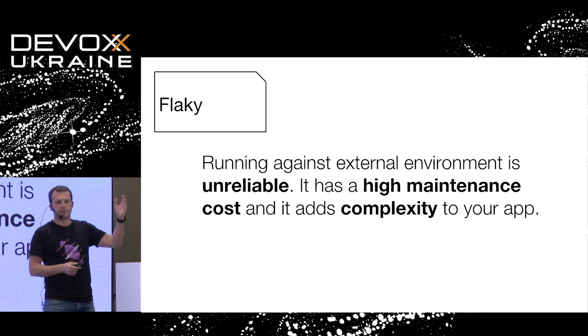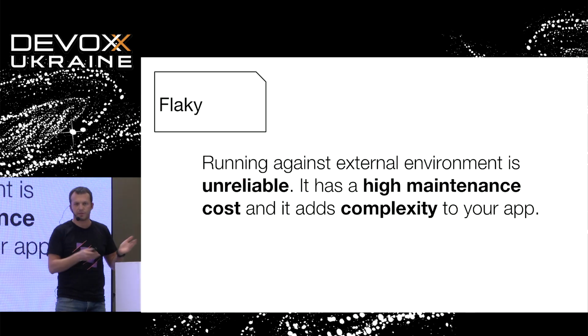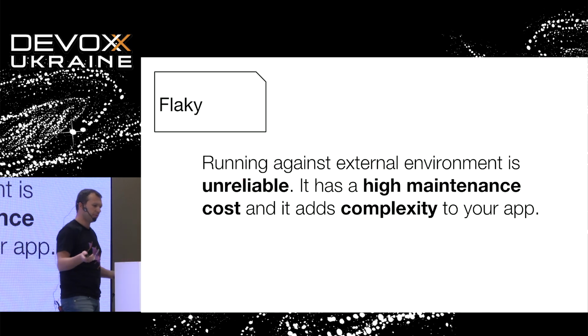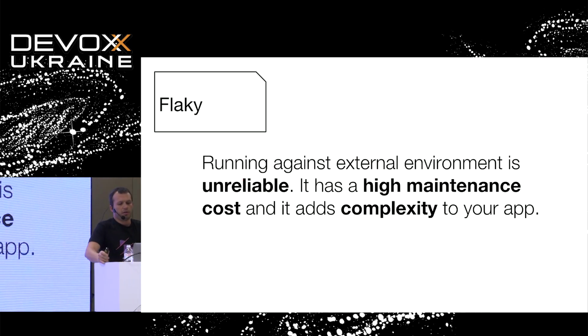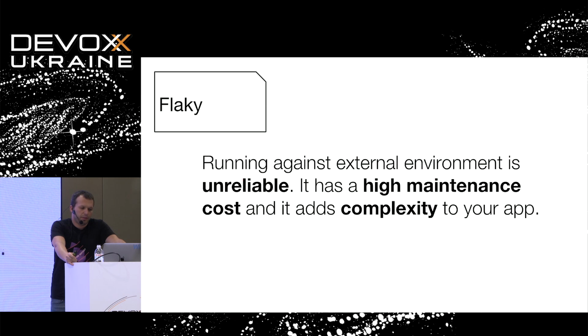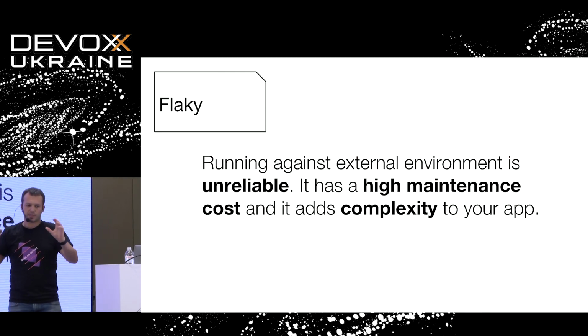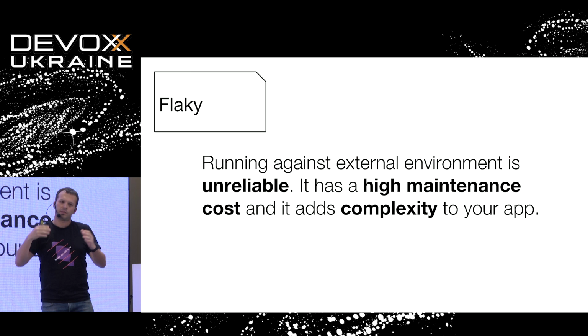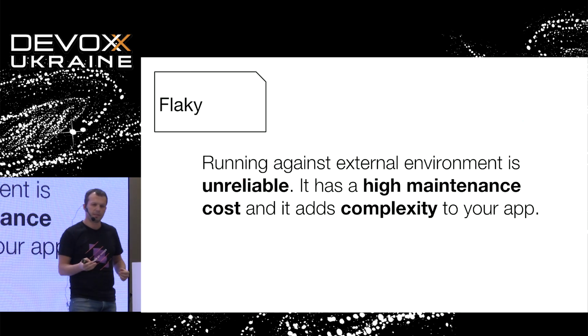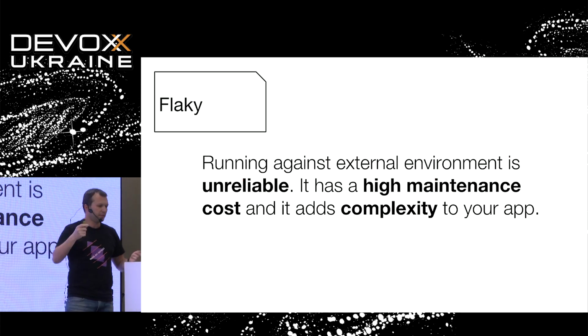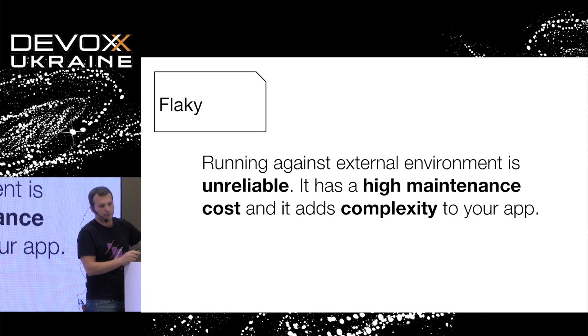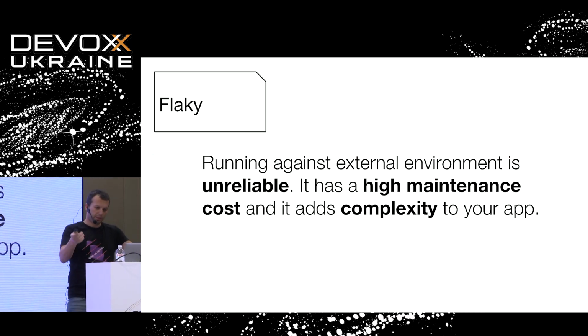So if the other system is down because of whatever, you can't run your tests now, which is not good. Also, all the tests between different teams have a shared state because there is this external environment, and sometimes it has state, and different tests modify the state, and different teams write different tests, and they might affect each other. And you don't want this, you want isolation.